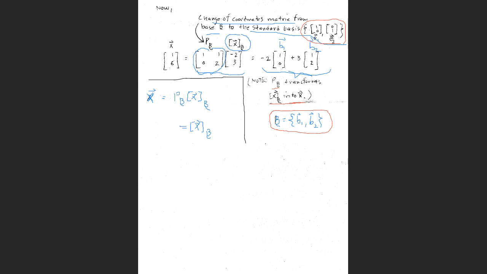What would the coordinate vector of x relative to the basis B equal in terms of a matrix product? The change of coordinates matrix P sub B is square. Is it invertible? Is P sub B invertible?